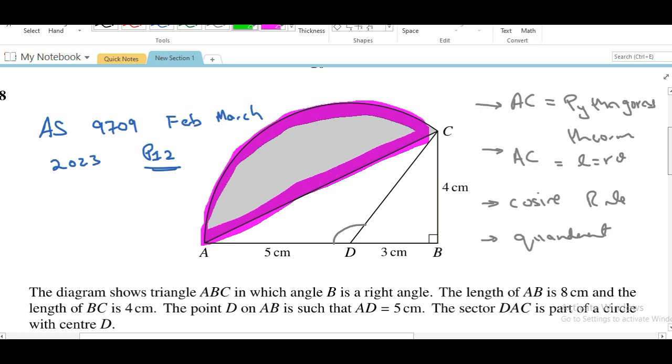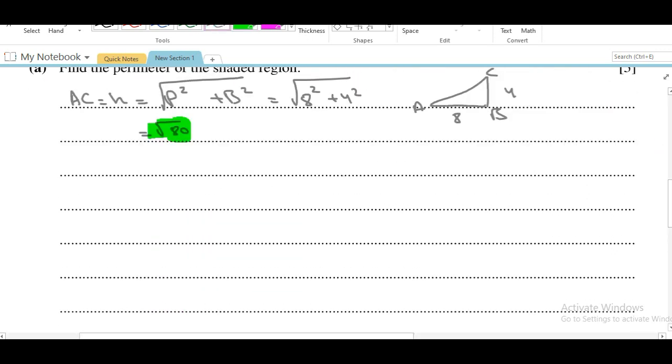Now we need to find angle ADC, and to find this we would be using cosine rule. I would be using a different triangle, ADC. Both of these sides are 5 and this length is square root of 80. Now what is the statement of cosine rule?